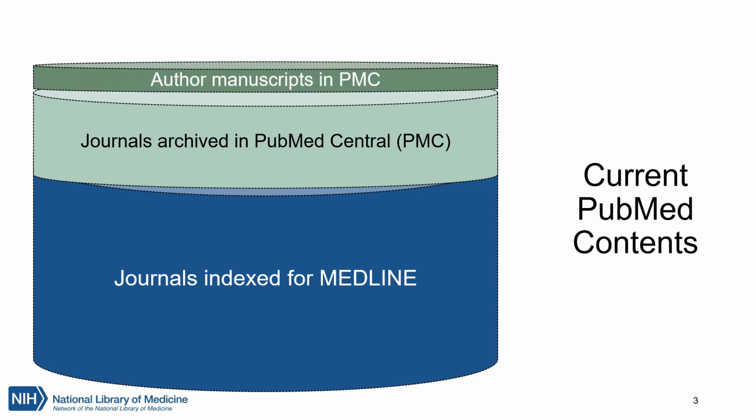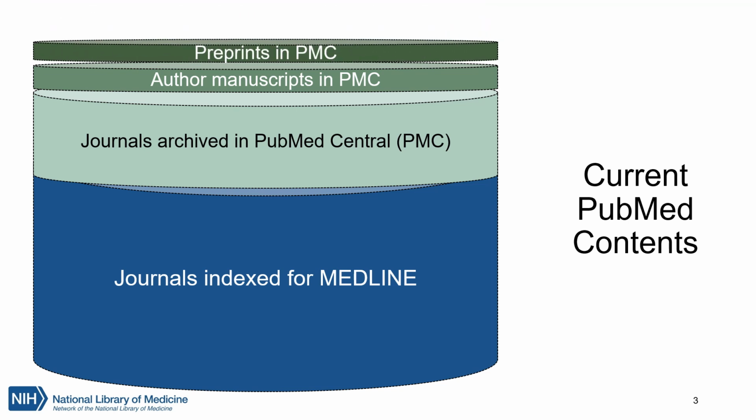PMC also includes author manuscripts that are deposited in PMC to comply with public access policies. And currently ongoing is a preprints pilot that makes preprints of NIH-funded research available in PMC. All of their disks are a different shade of green because these three make up the contents of PMC. However, they have distinct selection processes and policies, which we'll review later.